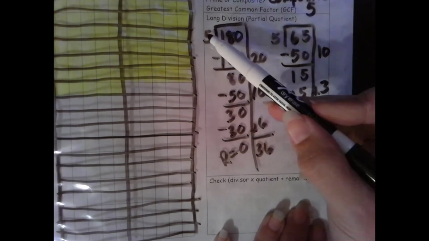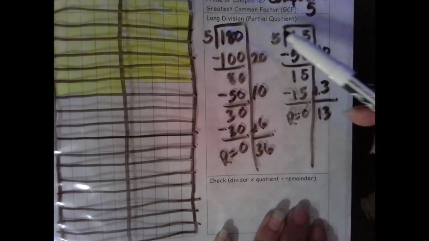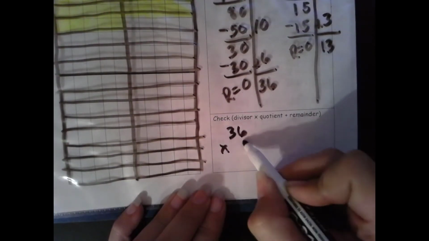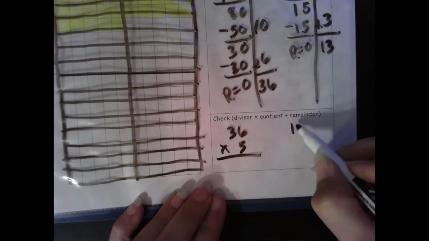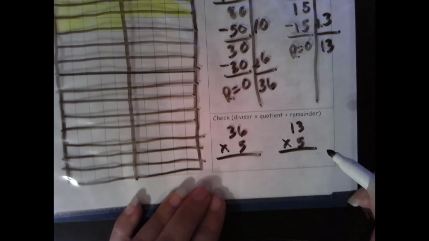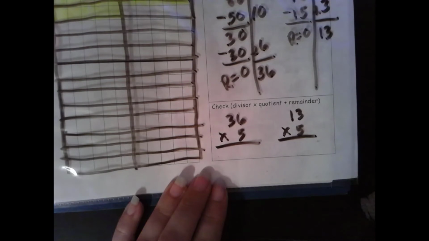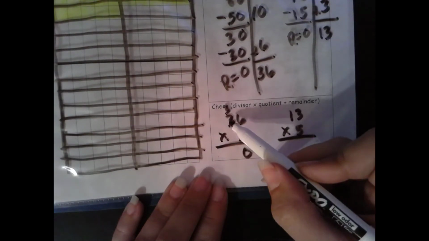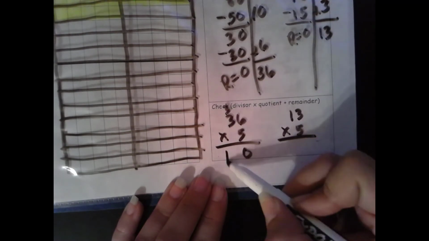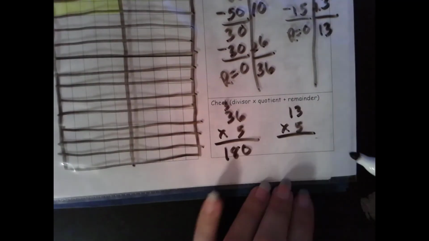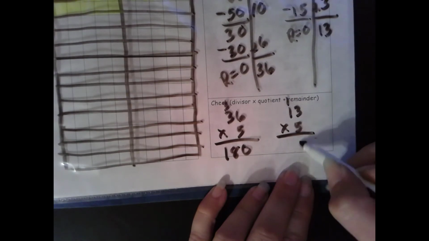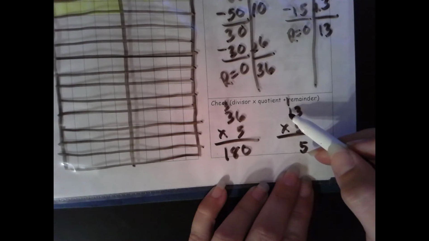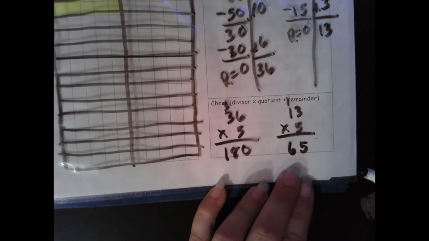Now let's check. Divisor times quotient plus remainder. Since our remainder is 0 for both, we don't need to actually add it because the identity property of addition says when you add 0, it stays the same. 5 times 6 is 30. 5 groups of 3 tens is 15 tens, plus 3 more is 18 tens. 5 times 3 is 15. 5 times 10, or 5 groups of 10, is 5 tens, plus 1 more is 6 tens, or 60.